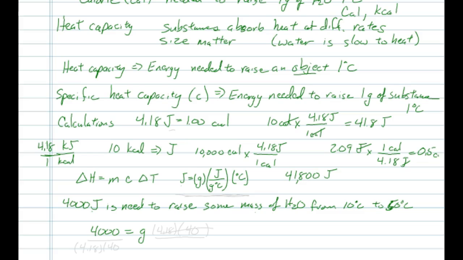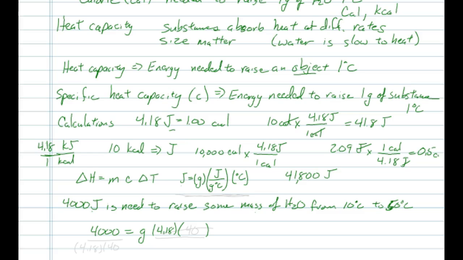They don't tell you the specific heat of water, but that should be a number that you should memorize. It's 4.18 joules per gram degree Celsius, because water takes 1 calorie, and 1 calorie is 4.18 joules. And temperature. Well, which of these two numbers do you use? It's change in temperature, so you have to subtract.